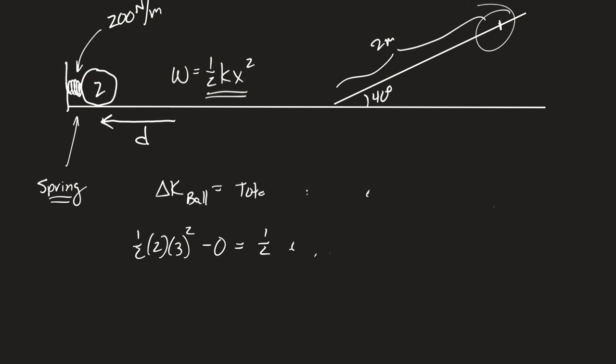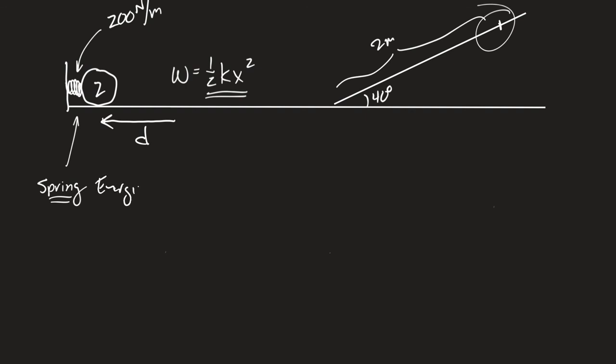I think most of you realize that one way we could do this is to figure out how much spring energy there is by 1/2 kx squared. Use that as the work done on the ball to find the change in kinetic energy.